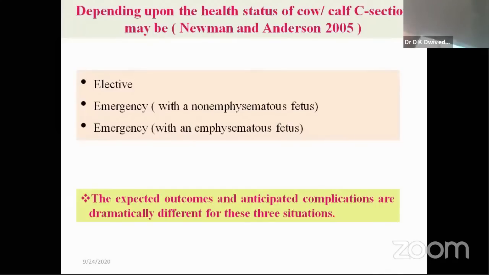If you go for elective, the outcome will be very excellent. If you perform emergency C-section, definitely there will be some intraoperative or post-operative complications and problems. You will face the problems. So the outcome differs significantly in all the three conditions.